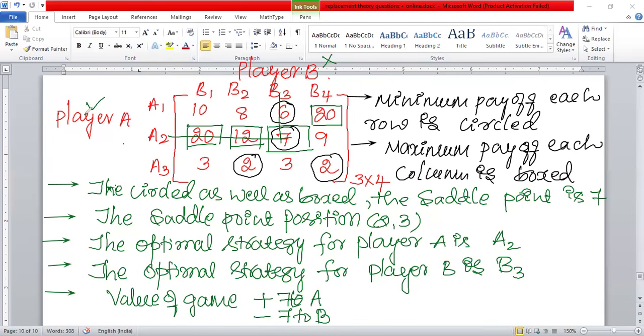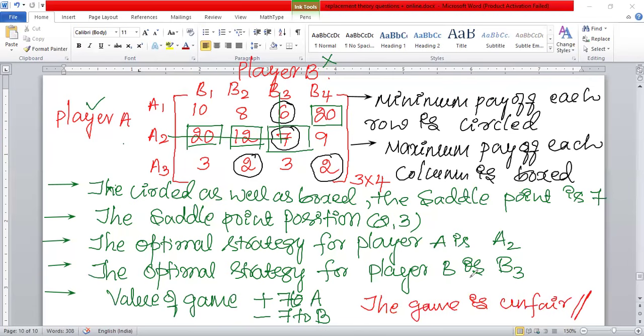Finally, the game is unfair because the value at circle as well as box is not 0. A 0 comes with a fair game, but if it is not 0, that is called unfair. In this problem, the game is unfair. So this is the first problem to solve with the Maximin Minimax principle for technique number 1 of game theory.